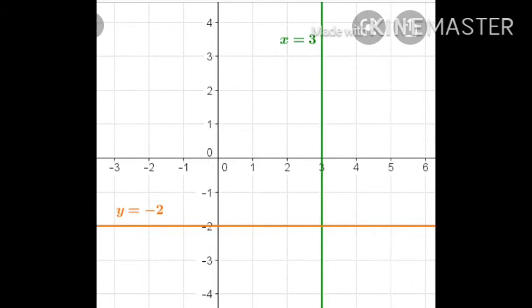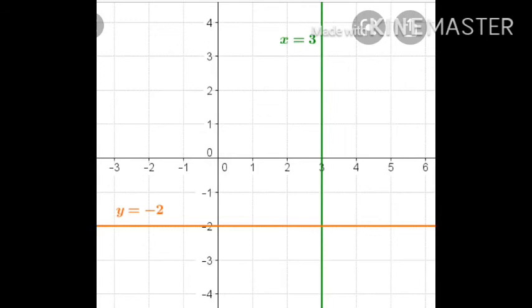If y is equal to minus 2, the line is parallel to the x-axis. This is a very important thing you have to understand and remember.